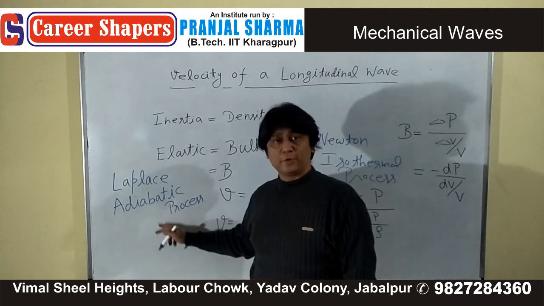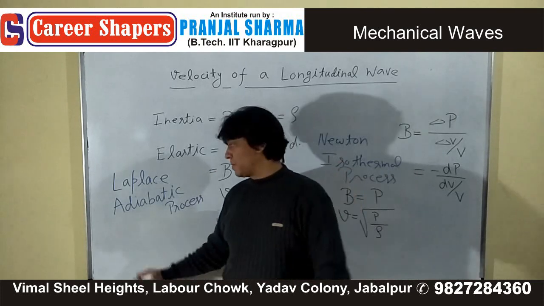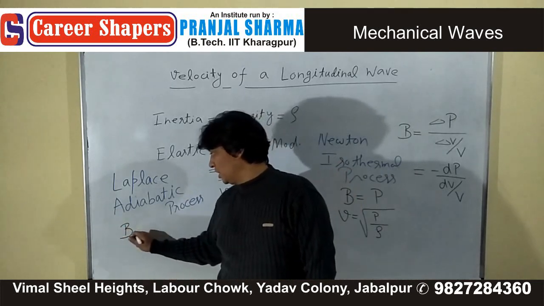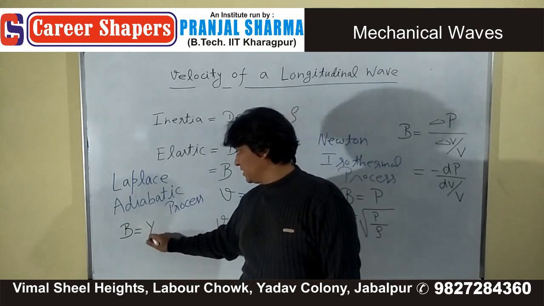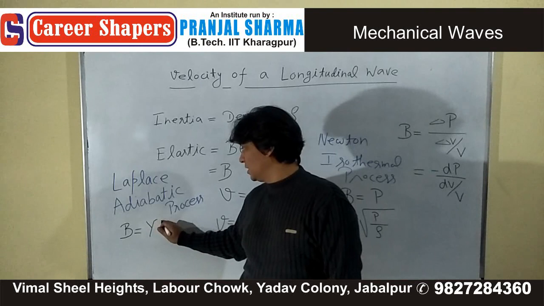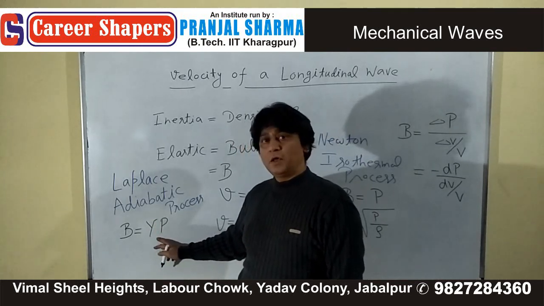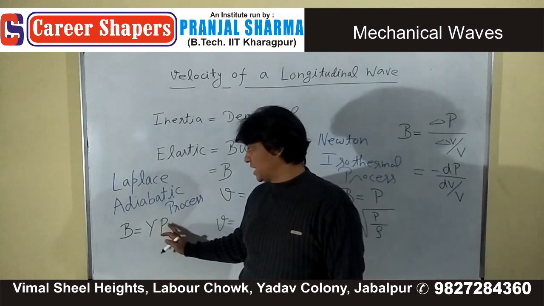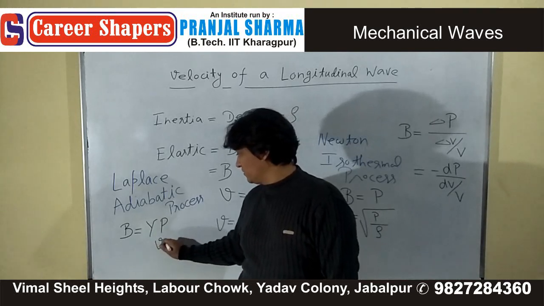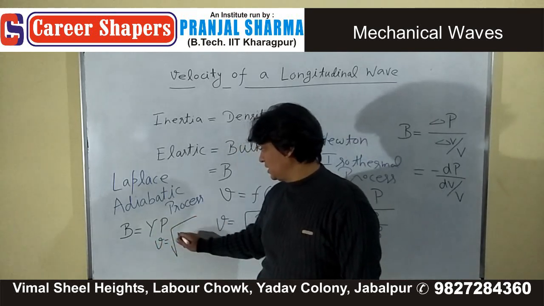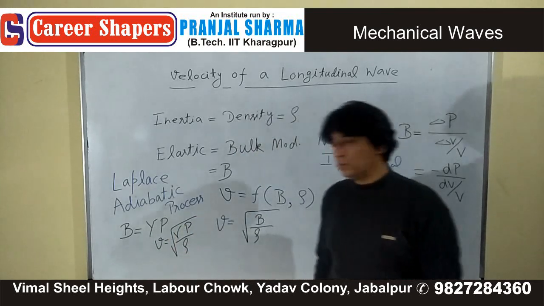And if it is an adiabatic process, because no energy can be transferred, again in mechanical properties of matter, I have told you that bulk modulus for an adiabatic process is given by gamma P. If this is gamma P, then velocity of sound should be root over gamma P divided by rho.